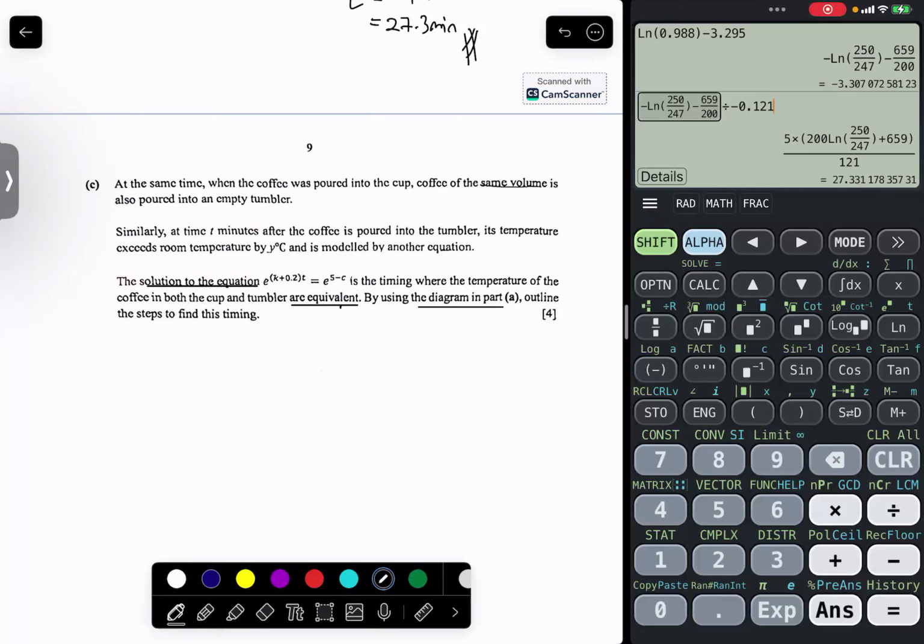The intersection of the line would be the solution to the timing.